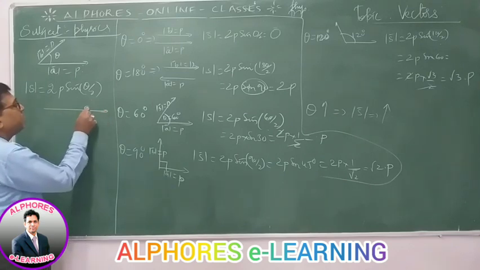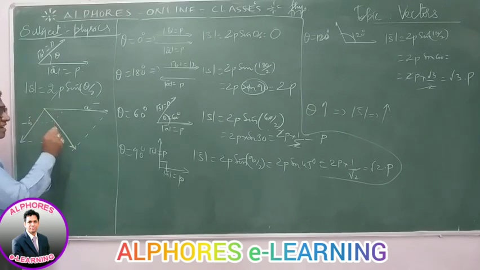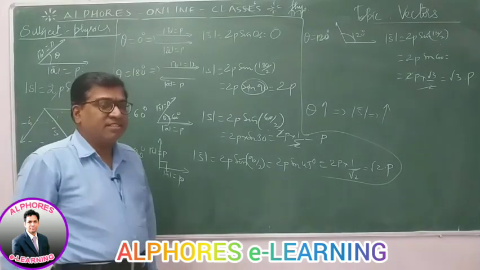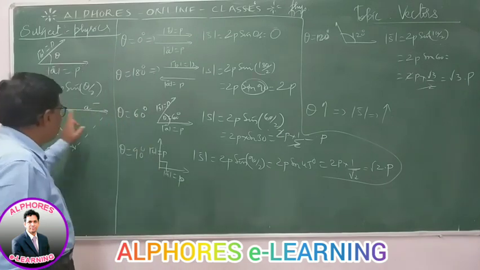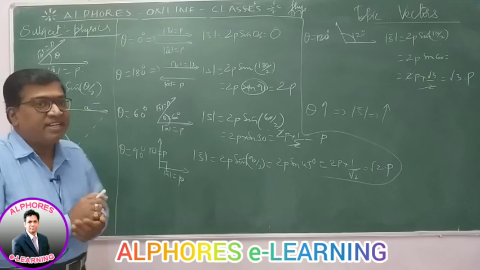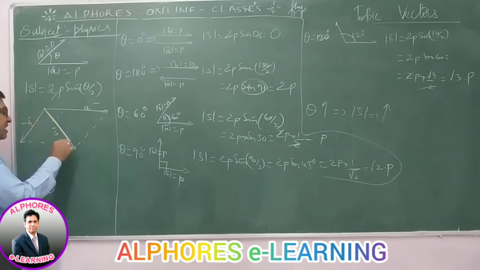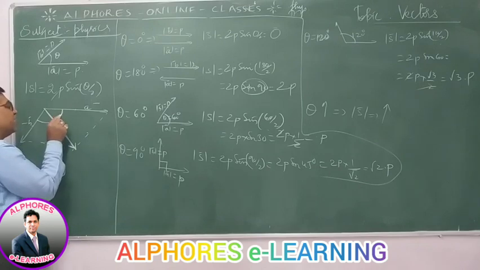If this is A bar and B bar is like this, the subtraction resultant uses minus B bar. Completing the parallelogram, the subtraction resultant is the diagonal there. Now, when the vectors are of the same magnitude, the parallelogram becomes a rhombus, and all sides are equal. Then the subtraction resultant is the diagonal, and this diagonal is the angular bisector.